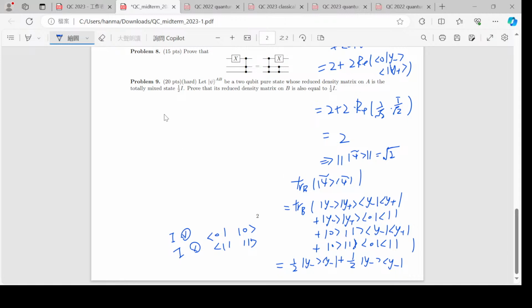Then we have plus. This one is actually annoying. On 0, because you have 1 here, there is nothing, so only 1, 1. The inner product with y plus is i over square root 2, and y minus 0.